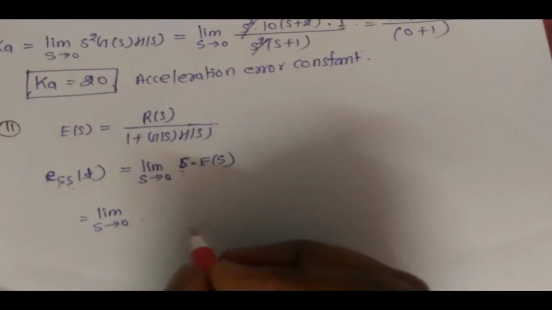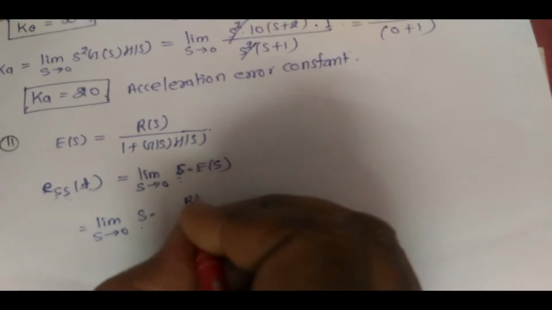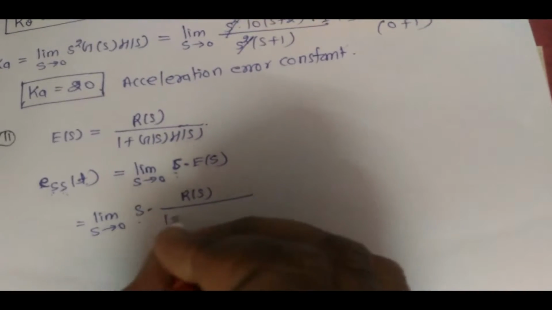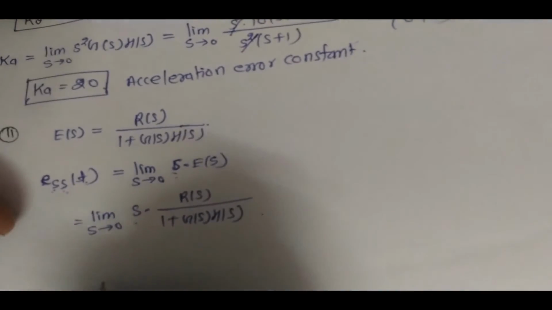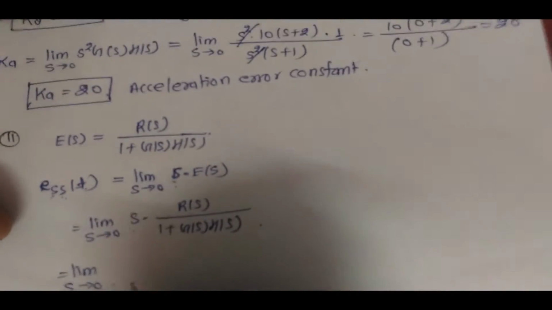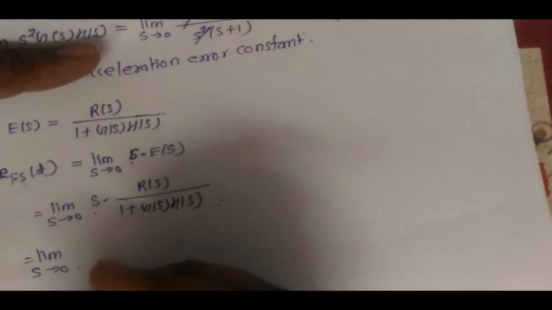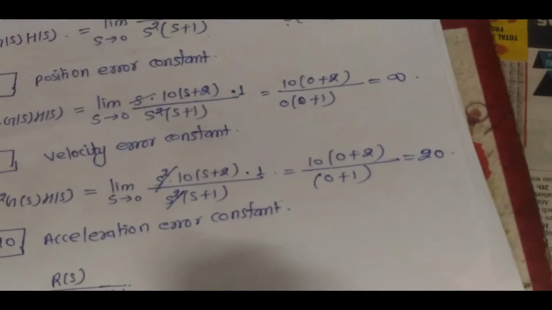Now limit s tends to 0. What is the value of E(s)? E(s) is equal to R(s) divided by 1 plus G(s)H(s). Now solve it. What is the value of R(s)?